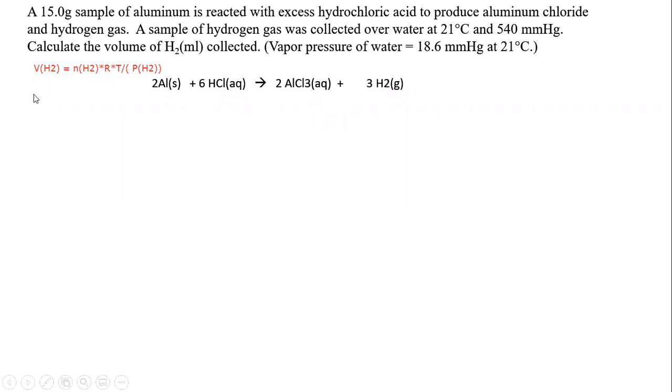To find the volume of H2, we need to know the moles of H2, which we don't, the temperature, and in this case it's 21 degrees Celsius. Turn that to Kelvin. The pressure of H2, we don't know, and of course R.